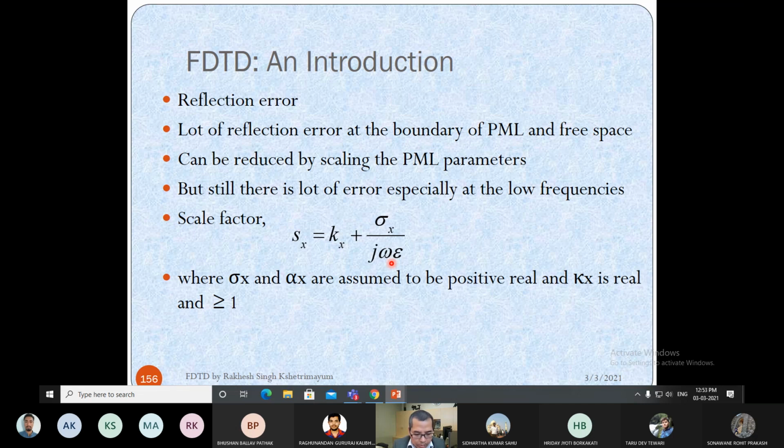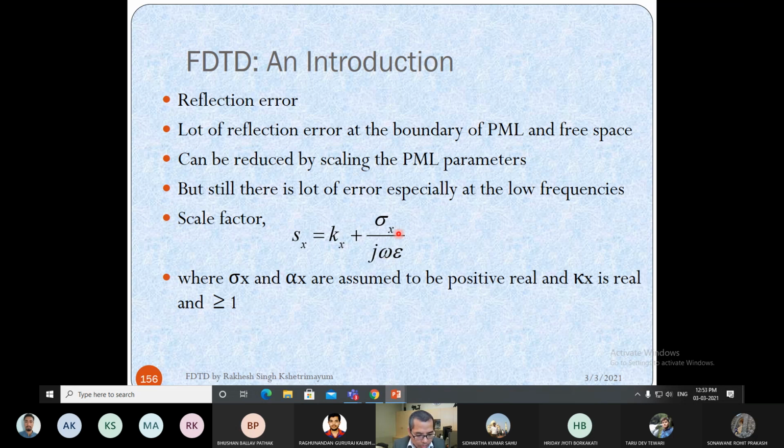When omega tends to 0, this will become infinite. So this is a problem. When you go to lower frequency, even if your PML layer was working properly, there will be a lot of errors at low frequency because of this issue.